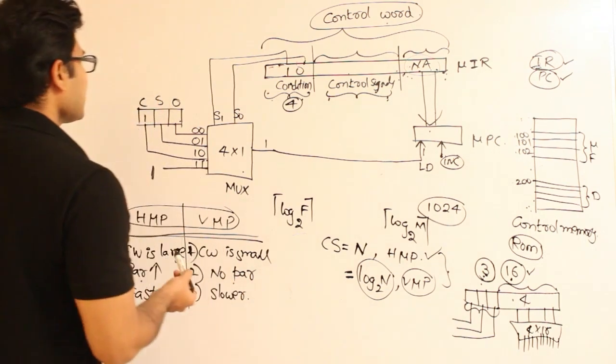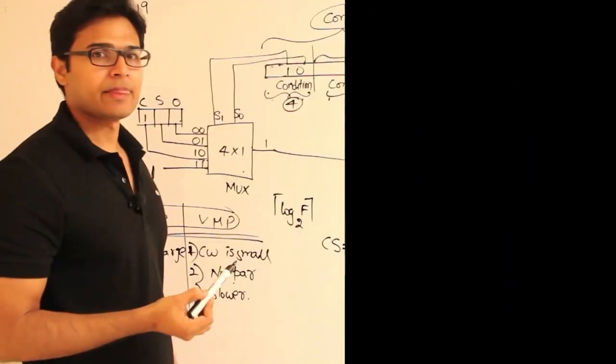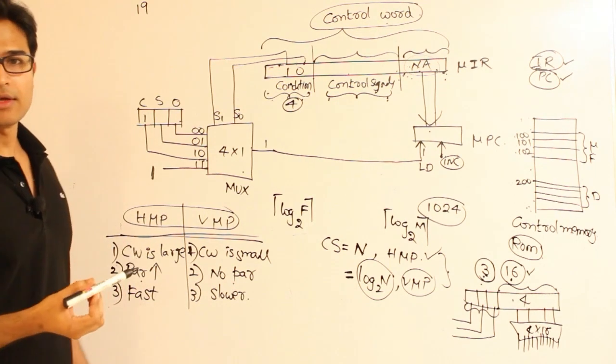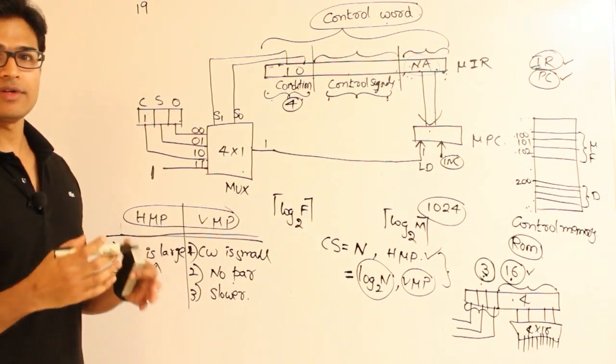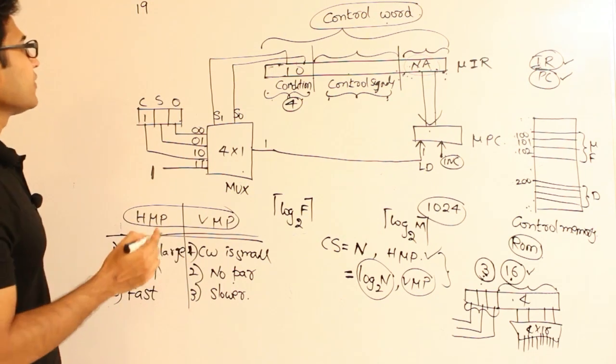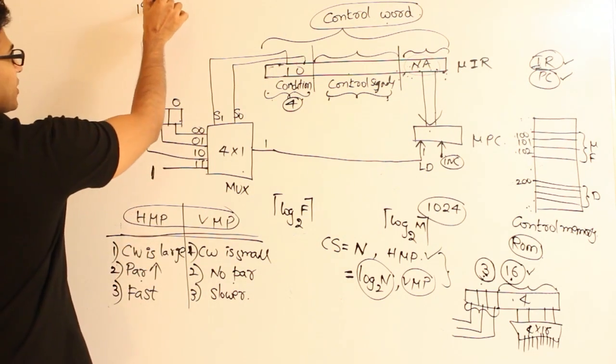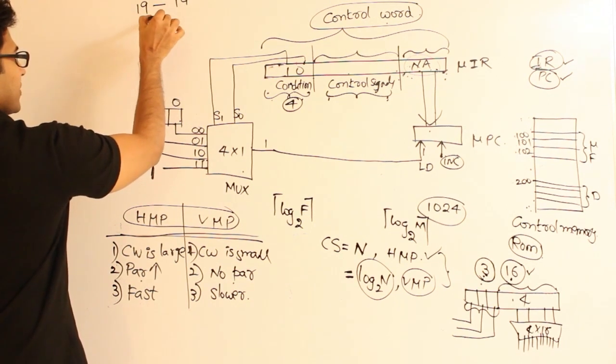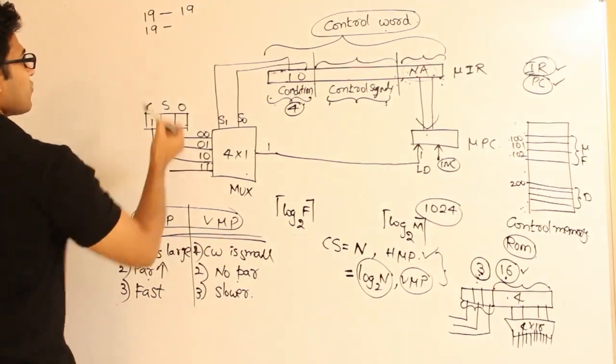So in general, if you have 19 control signals and there is no condition that 3 signals have to be always generated, then in case of horizontal microprogramming we need 19 bits, and in case of vertical microprogramming we need, I think, 5 bits.